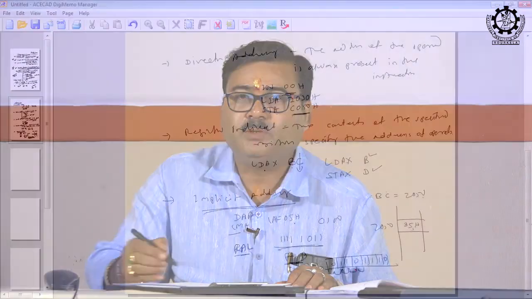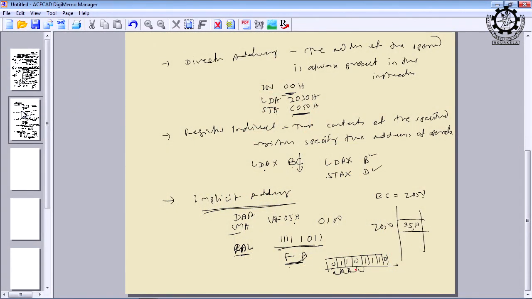What about the rightmost bit position, because the rightmost cell will be empty? What will be its content? The leftmost bit, which was already shifted, will go to the right side.